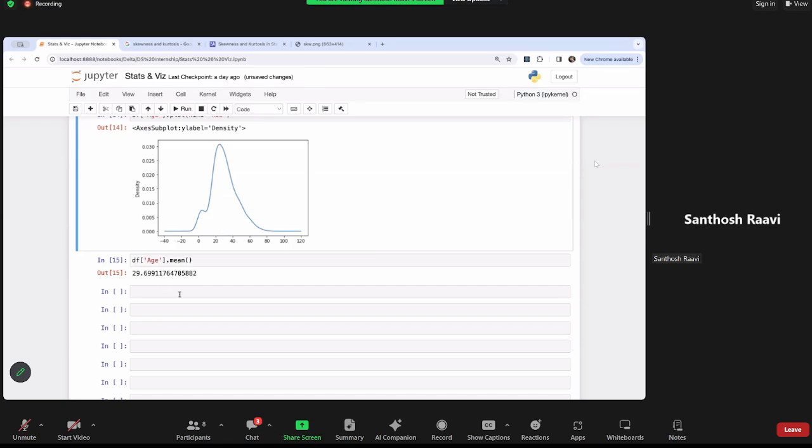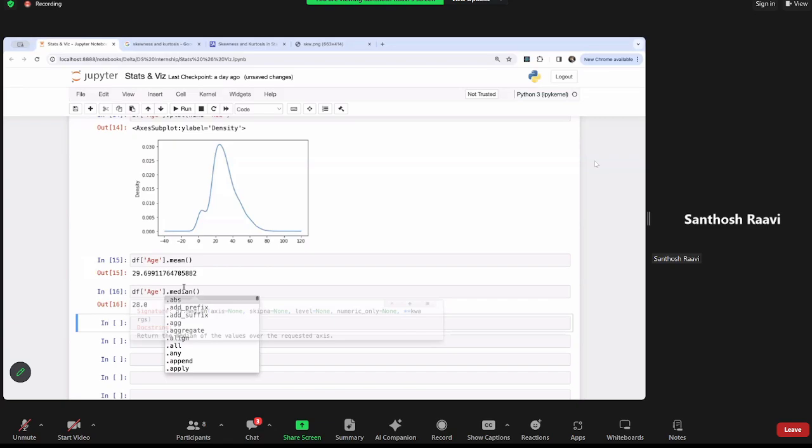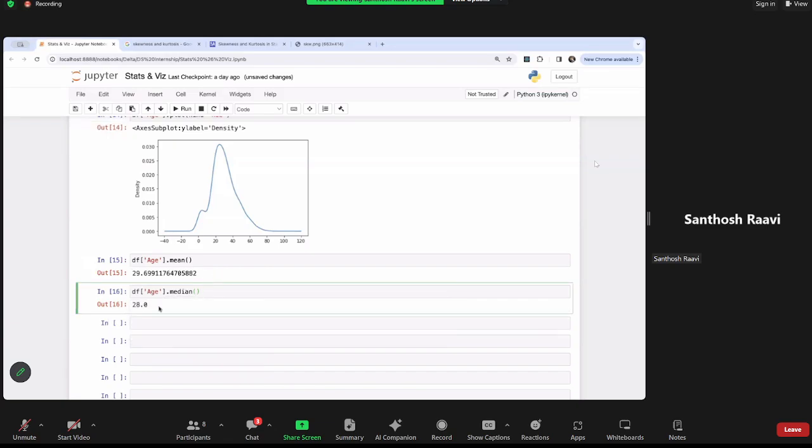This is the mean value. The median value is also around 30, 32, like that. Data frame of age dot median. Okay, 28. See, 29 and 28, they are very much close. That's why you have got a small normal bell shaped curve.